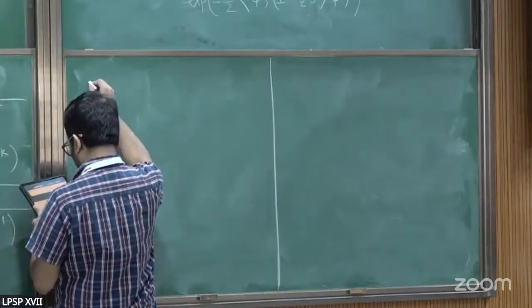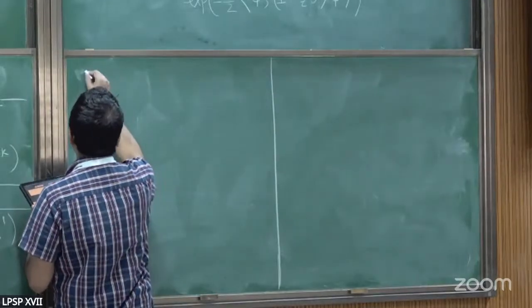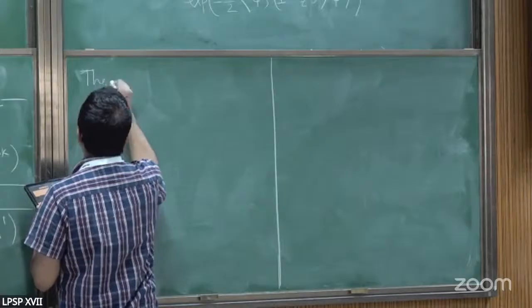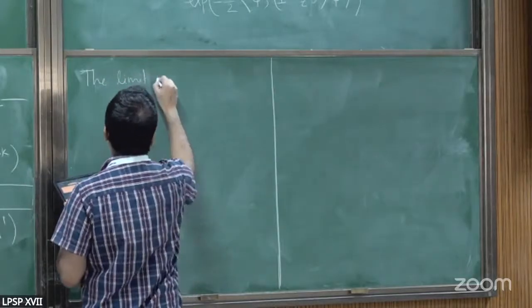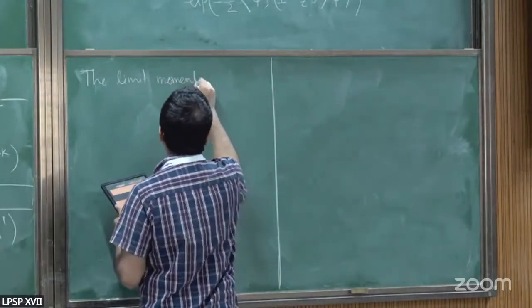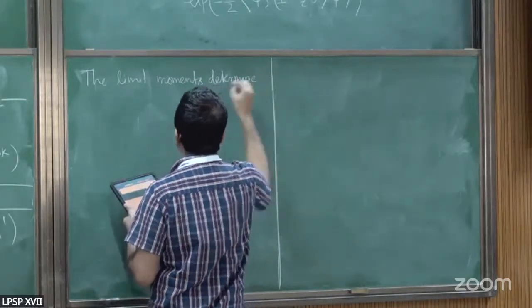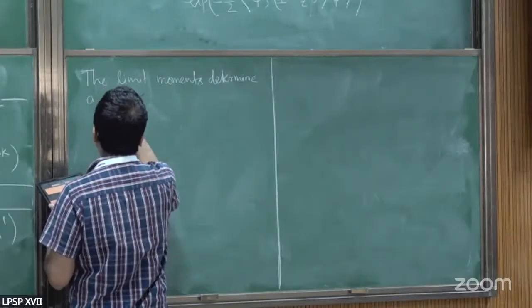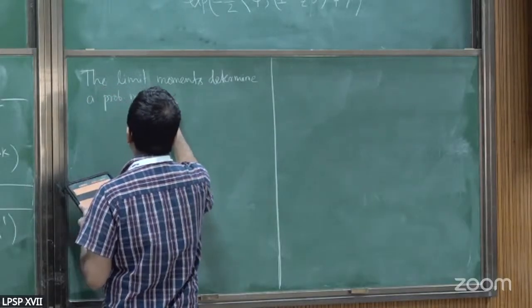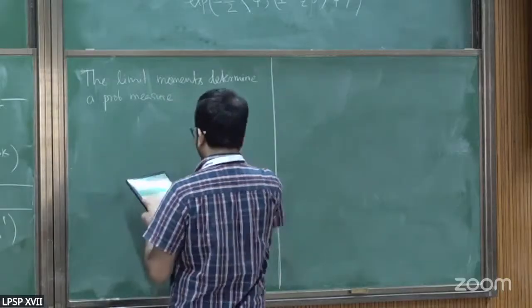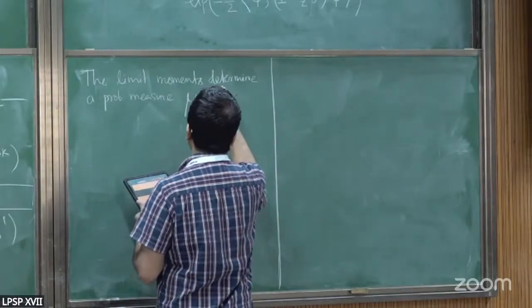So the limit moments determine a probability law, which we denote as mu infinity r.